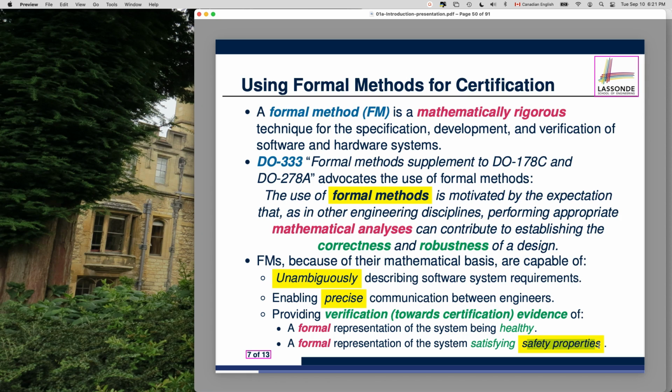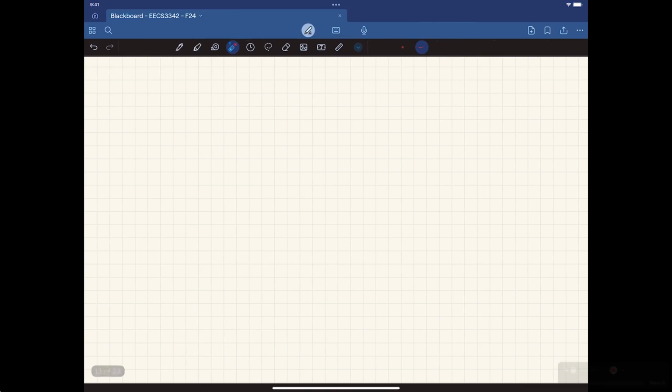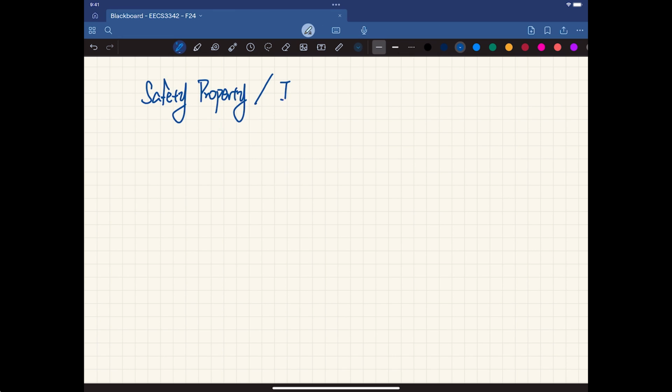But let's visualize this very quickly, which will be very useful for later. Okay, safety property. Or you can think about it more like an invariance.